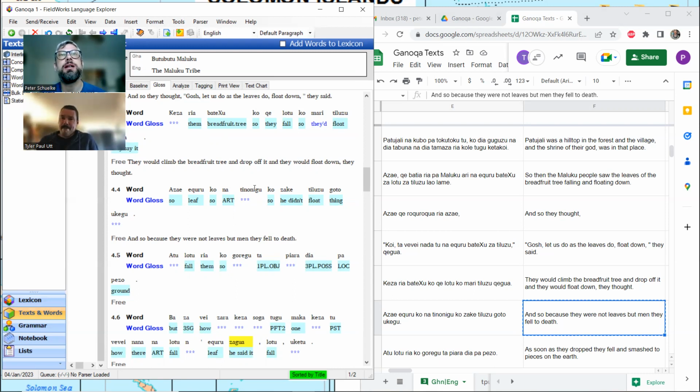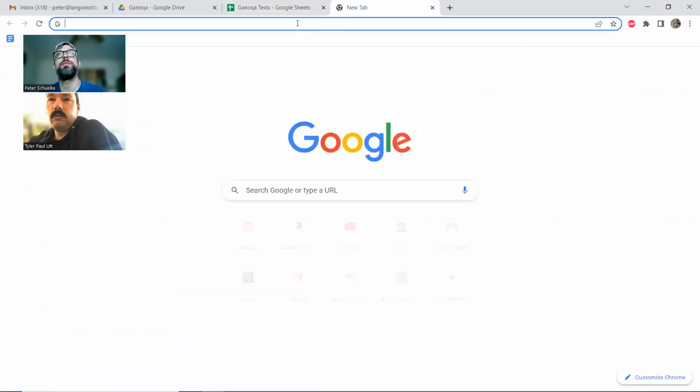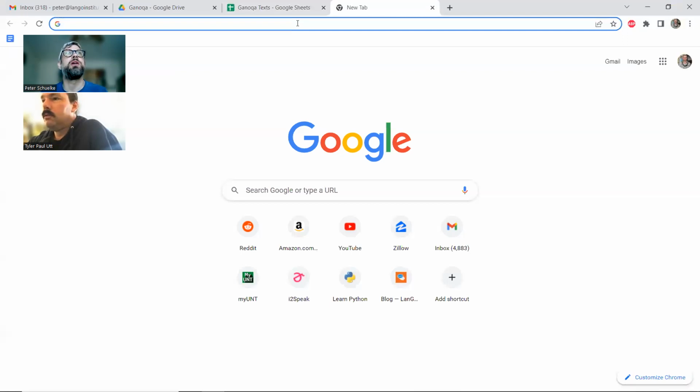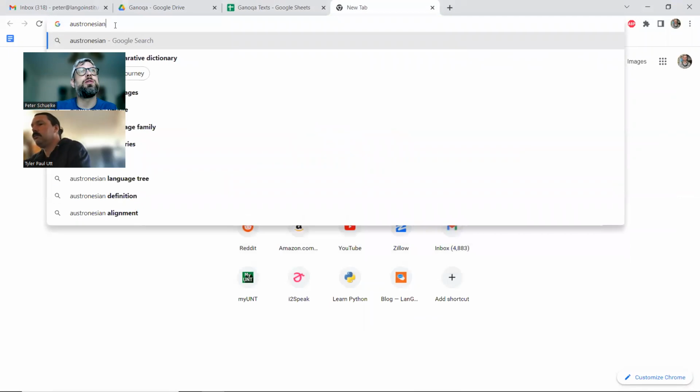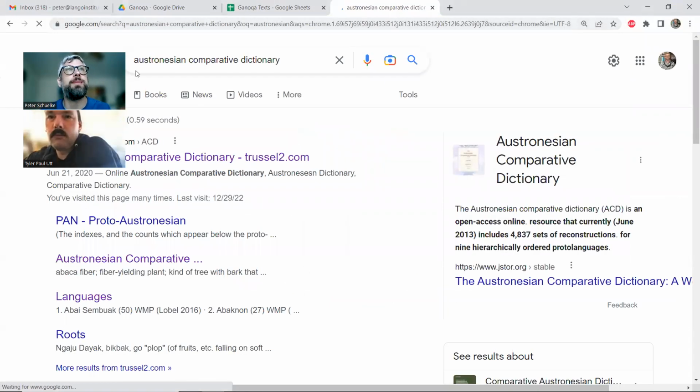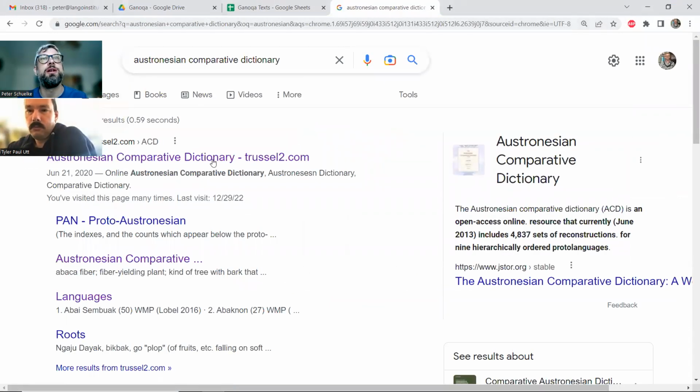But Tinoni almost certainly means human beings. Human. Now let's go for a second to the Austronesian Comparative Dictionary, just to show this to people. It's worth mentioning because so many of the world's languages that are undescribed and little described are Austronesian.